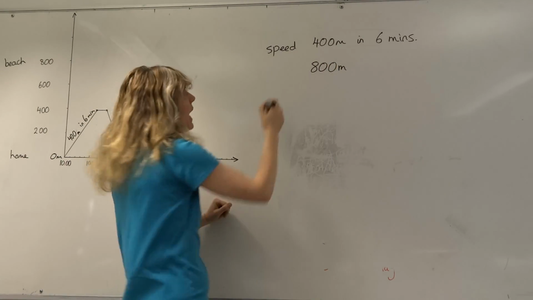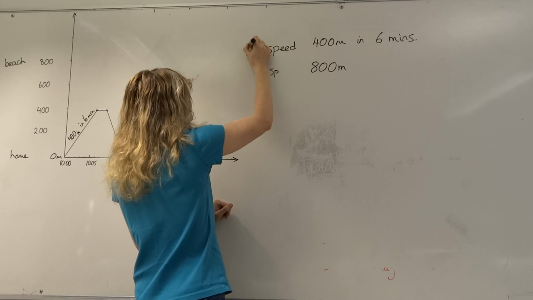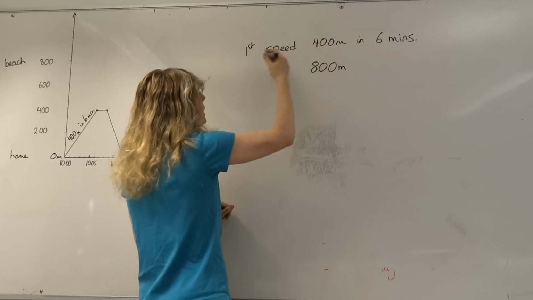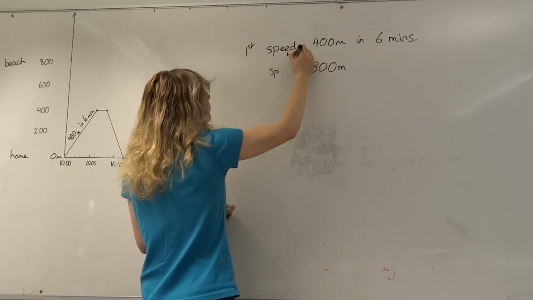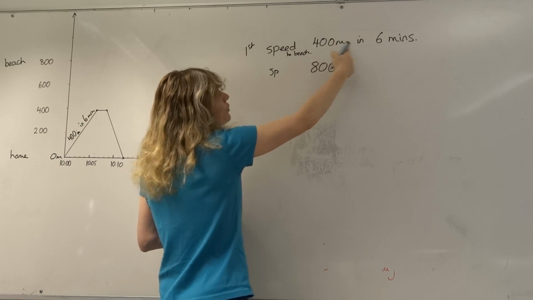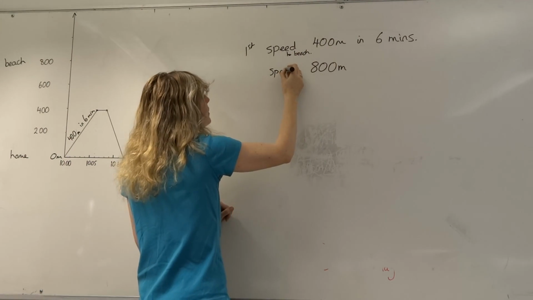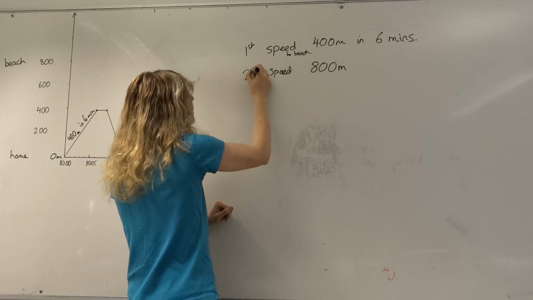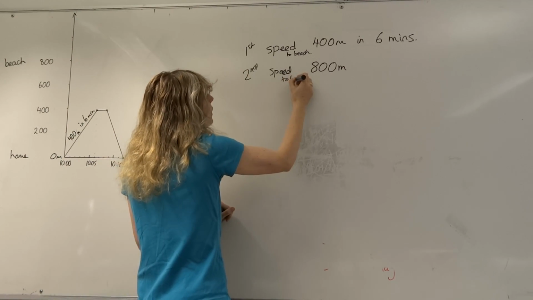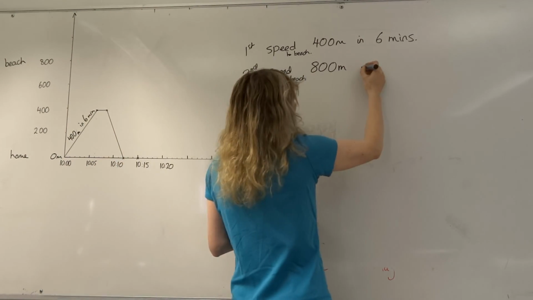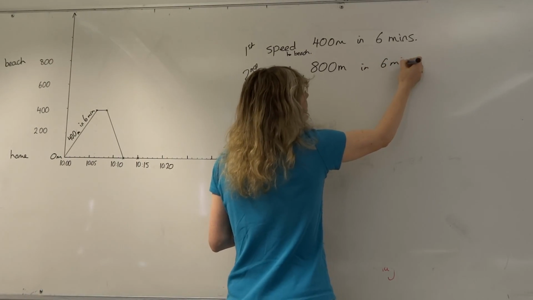So my first speed to the beach was 400 meters in 6 minutes. My second speed to the beach would be I'd be able to go 800 meters in 6 minutes.